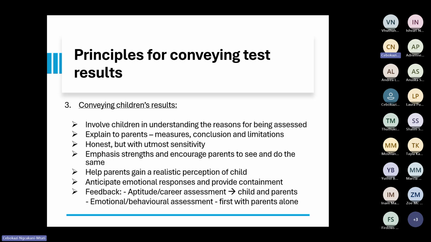So to the parents, you would explain what measures you are using. They won't understand exactly, but you can tell them what measures you have used to understand what sort of domain of functioning and what it helped you to understand. So some of the conclusions that you came to, and some limitations of the measures that you have used.